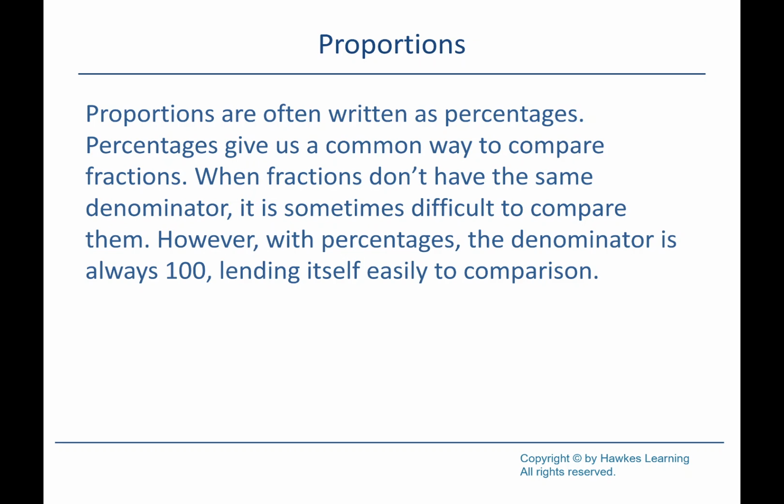So all a percent means is we're dividing by 100, or we're writing our proportion with a denominator of 100. And the reason we do that, we could pick whatever we wanted to, but 100 is a nice number though. So we're picking 100 to be our common denominator that we're making comparisons with.